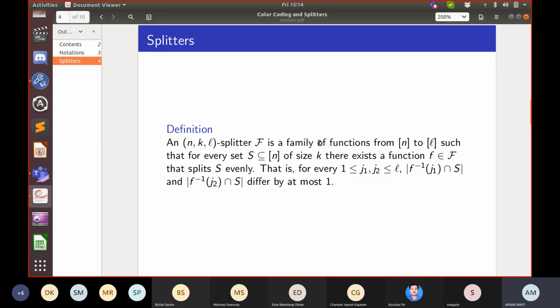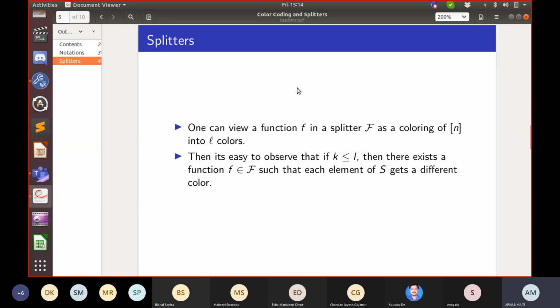Basically it is a family of functions from the set 1 to n to the set 1 to L, such that for every subset S of size K, we have a function such that the F inverse values differ only by 1 among themselves. The difference between any two F inverse values will be at most 1. It can be 0 also. It can be 1. So this was the definition of splitters.